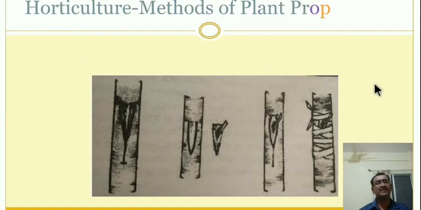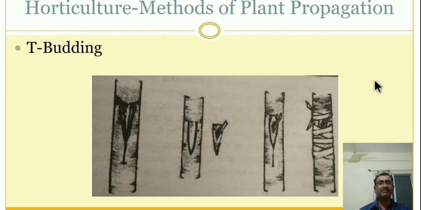There are different types. First is T budding. Here, on the stalk, the T section can be made. Firstly take a bud of scion, which is of shield shape, and on that shield shape a small bud is there.